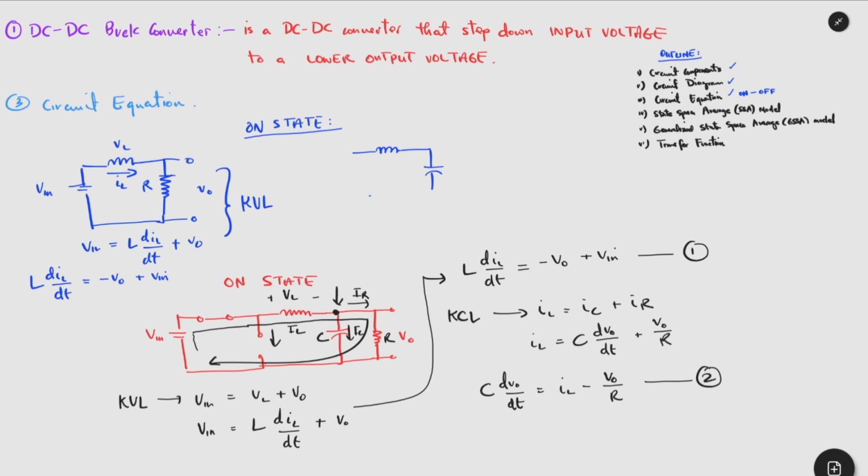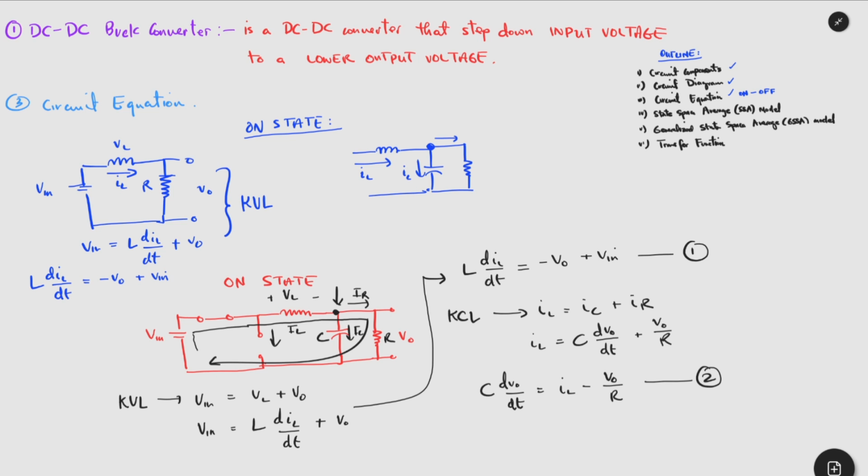We have the capacitor, and we have the IL coming in, and we have the resistor. So we have IL and we have IC.